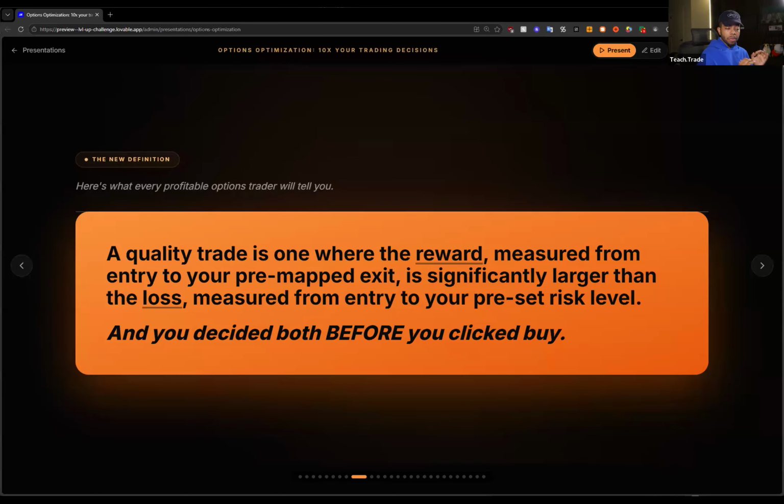And this is decided before you click buy. Just like we mentioned at the start of this presentation, it's about the decisions we make before the trade even happens. That is the majority of the work that determines whether we're going to be profitable or not.